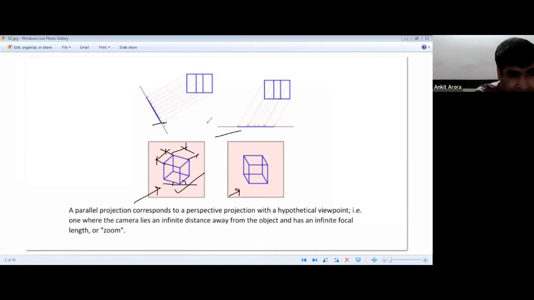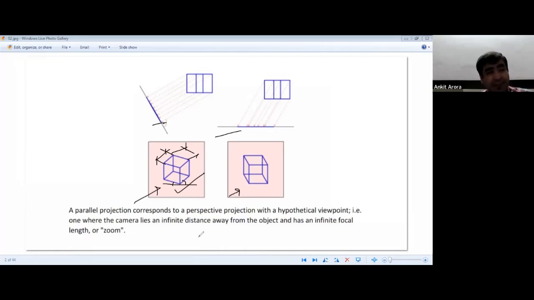Okay, so when we are talking about this particular solid, it stays the same because your focal length is obviously infinite. We have assumed that, and they're not going to meet. It's just like saying that you have removed the vanishing point. And once you have removed the vanishing point, that makes your life very easy to comprehend how that particular dimension is, and how it is going to be exactly if it is under construction.